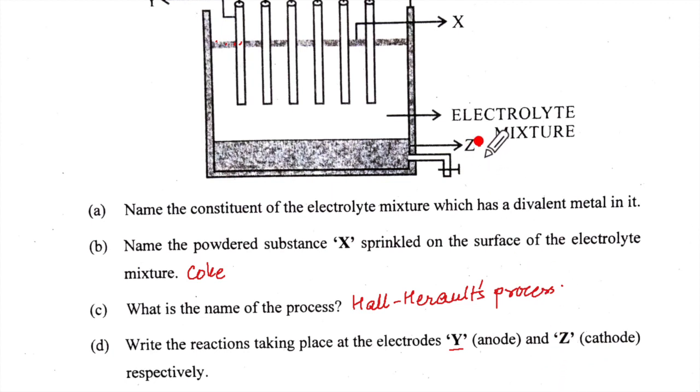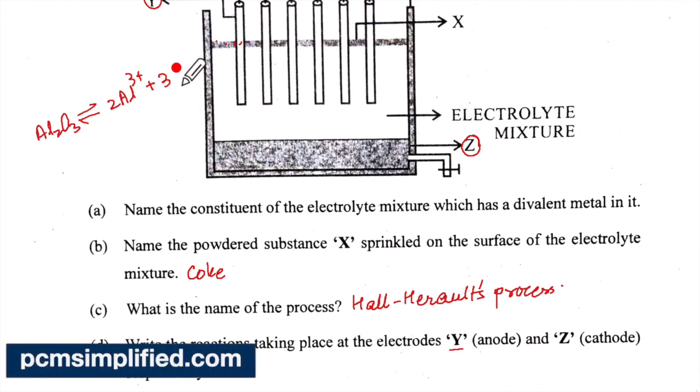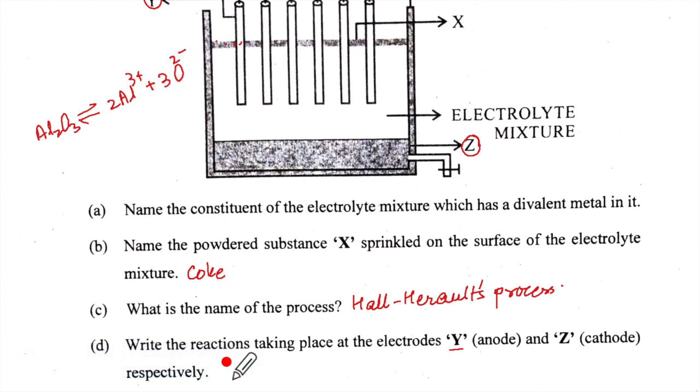Now Z over here and Y is here. We had Al2O3 dissociating into 2Al3+ and 3O2-. So at anode we are going to have anions moving, so that is 3O2-.